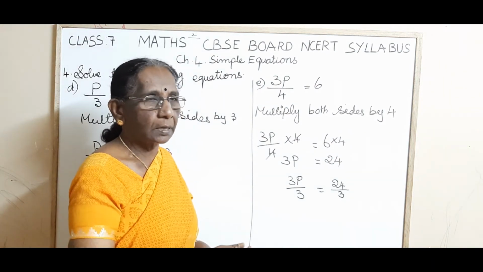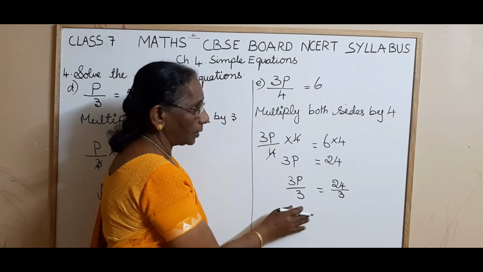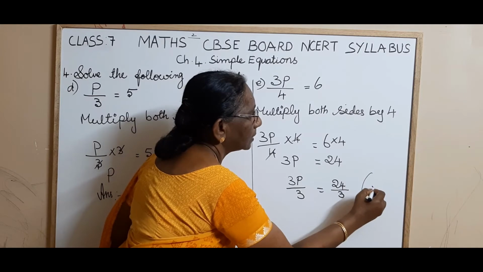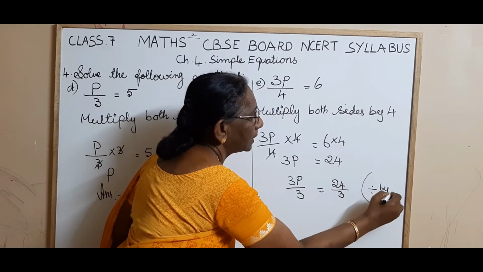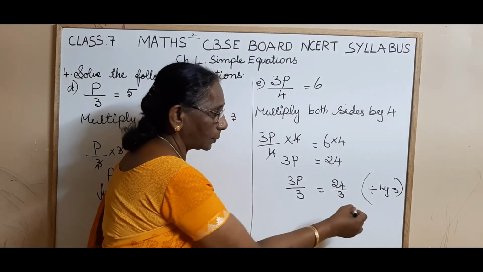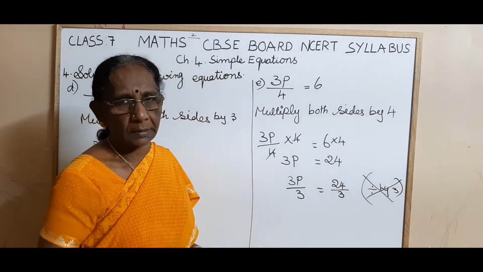But here the question is just solve the equations, so straight away you can do this. If you want, you can write in brackets, divide both sides by 3. Otherwise it is not necessary.